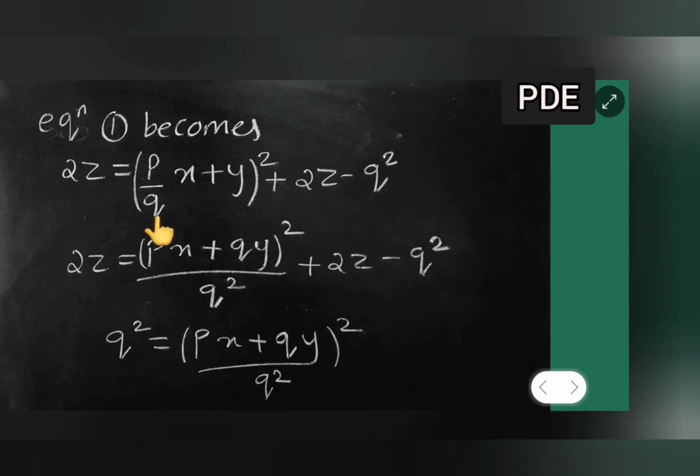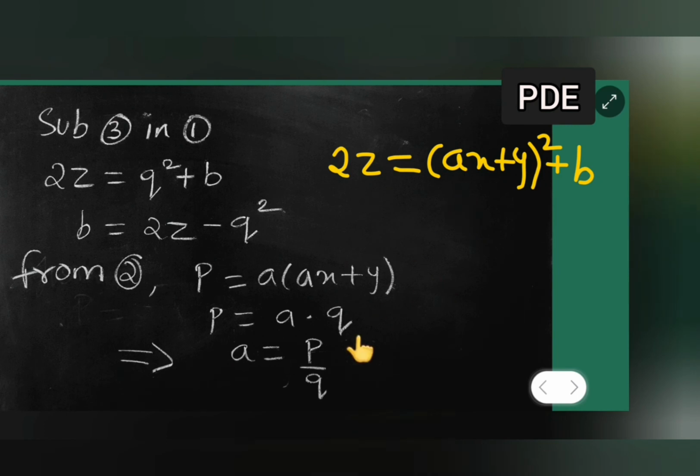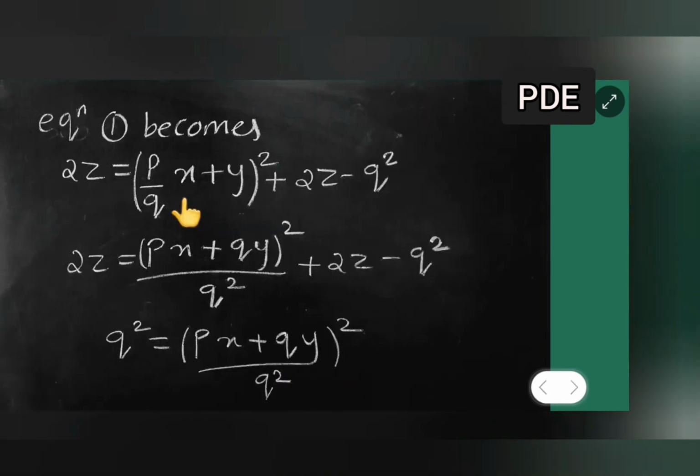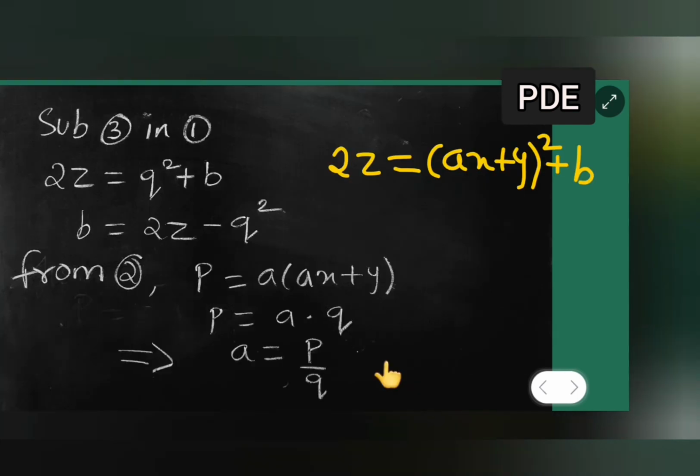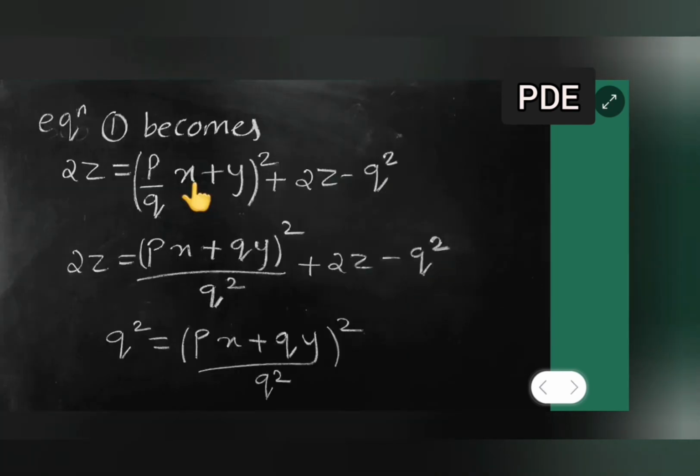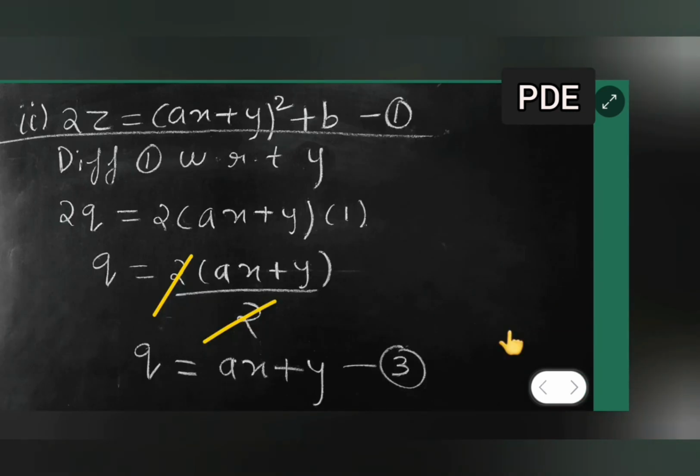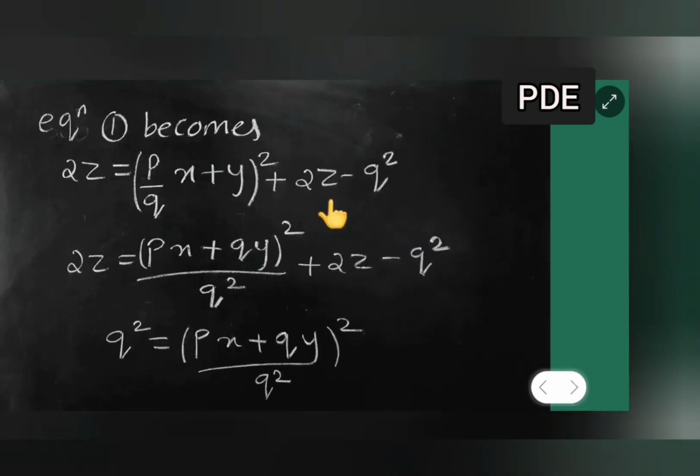2z is equal to p upon q x. What is a? The value of a is p upon q. So p upon q into x is here plus y, in the bracket write down square, plus b. What is the value of b? Plus 2z minus q square.